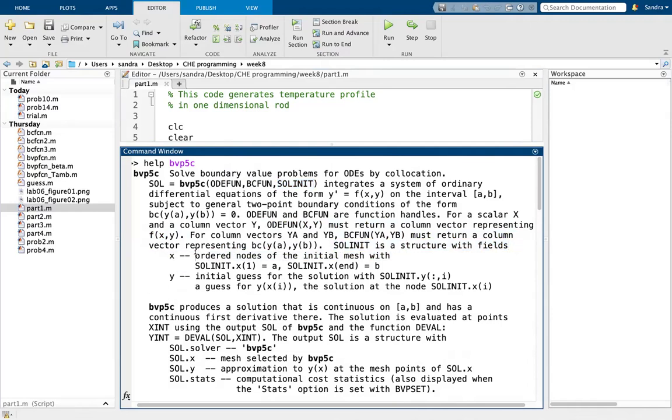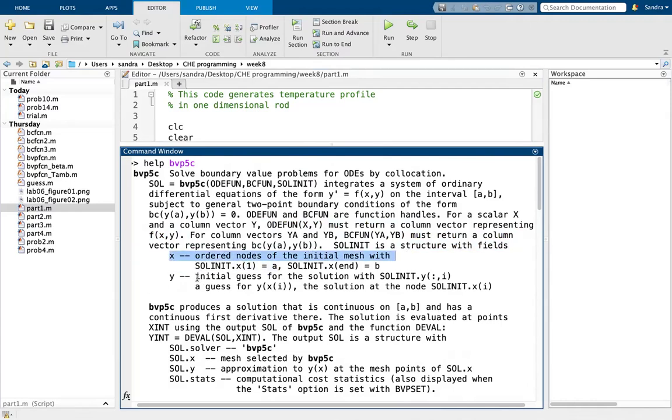Remember, BVP5C works on a finite gridding system. So we have to tell BVP5C what gridding I'm using. That is, you divide x from 0 to L by small gridding. For that you can use linspace or something, where the gridding distance h is what you are defining. So you're telling it that x is the grid points that I'm using.